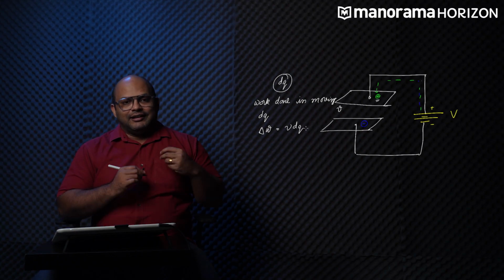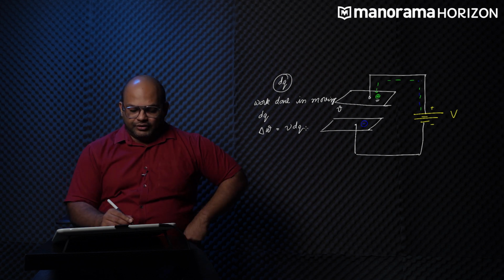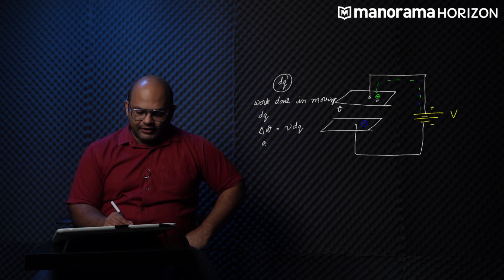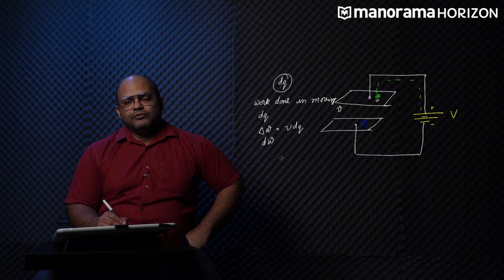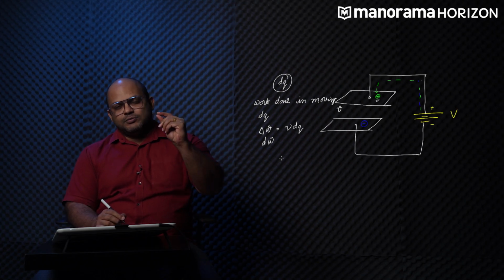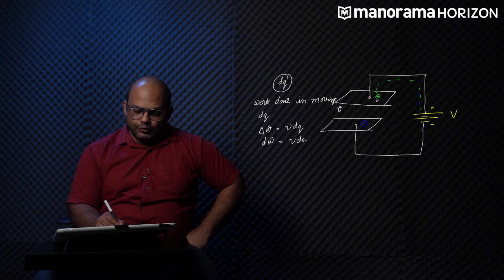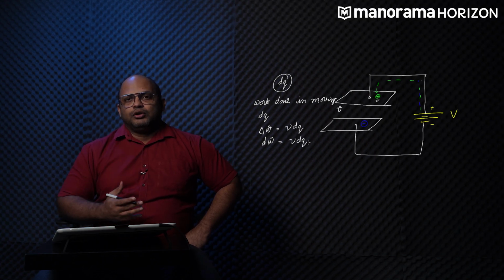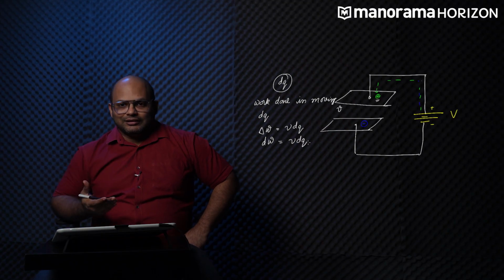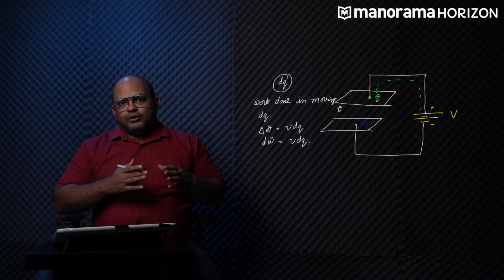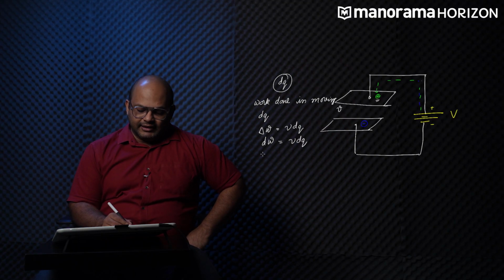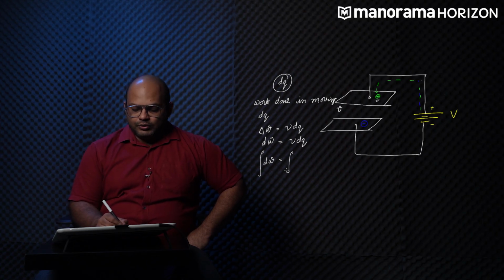So work has to be done in pumping more charge onto this plate. If delta becomes very, very small, we can call it d. So dw is equal to v dq. And if we want to know the total amount of work done in moving these charges onto these plates, we can say that that is the integral of dw, which is equal to the integral of v dq.